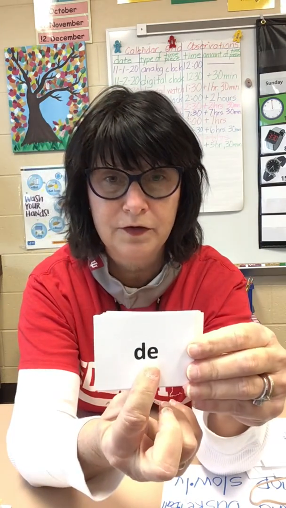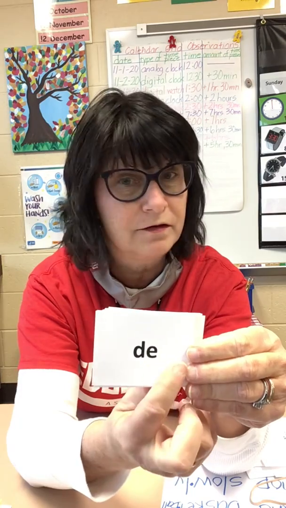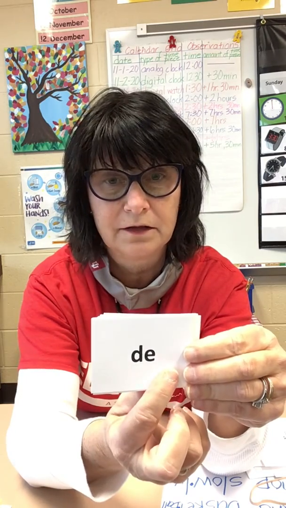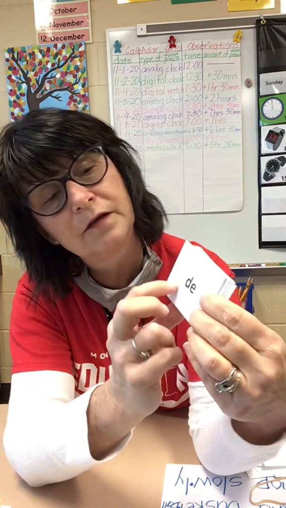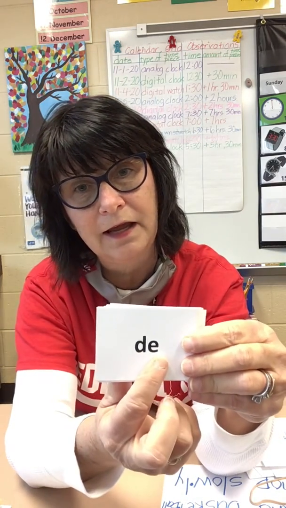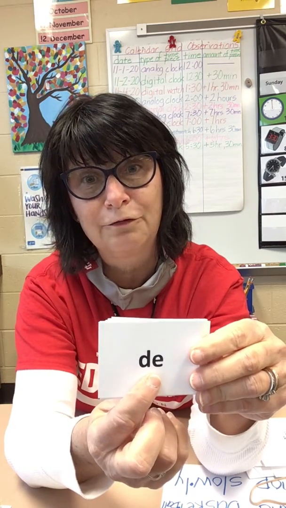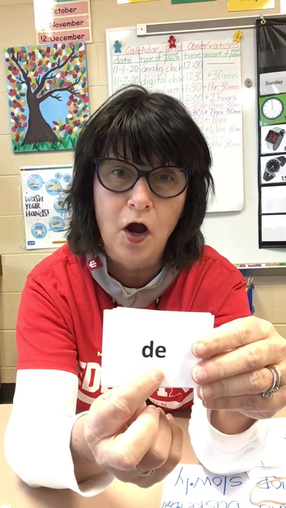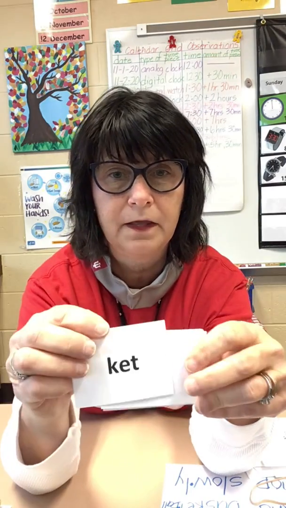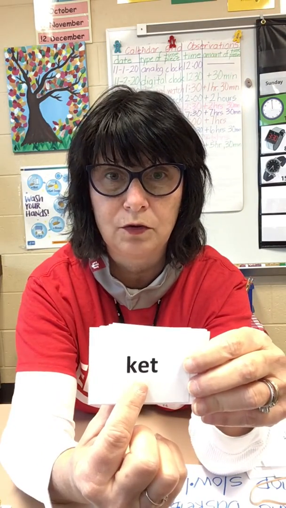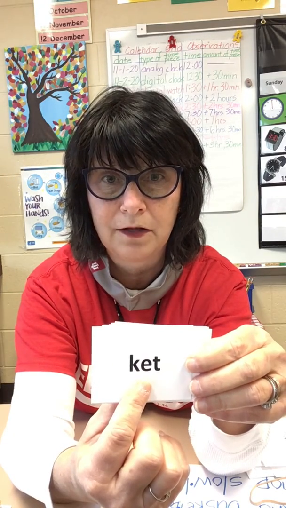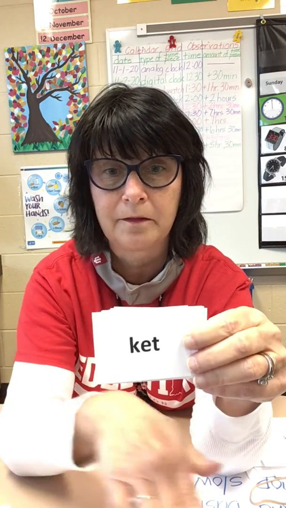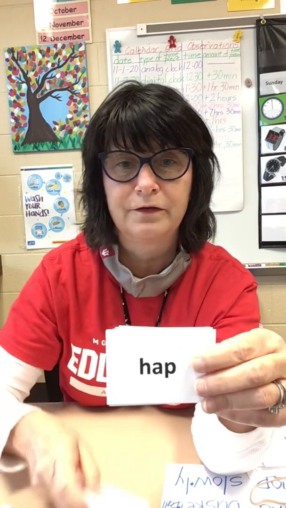In an open syllable, the vowel is not closed in on both sides. And when it's an open syllable, the vowel says its name. This would be like defy or defrost. In the closed syllable, the vowel says its sound. It's the short vowel, which is eh.